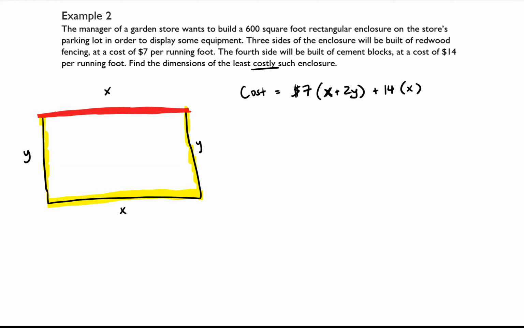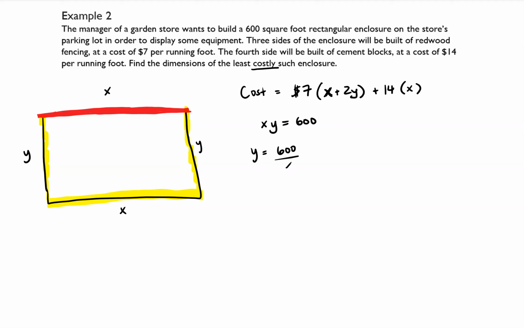So the way that we calculate area of a rectangle is multiply the length times the width. So we know that x times y is equal to 600. And we can go ahead and solve for one of the variables so that we can do a substitution. So I'm going to solve this equation for y. We divide both sides by x, and we get y equals 600 over x.